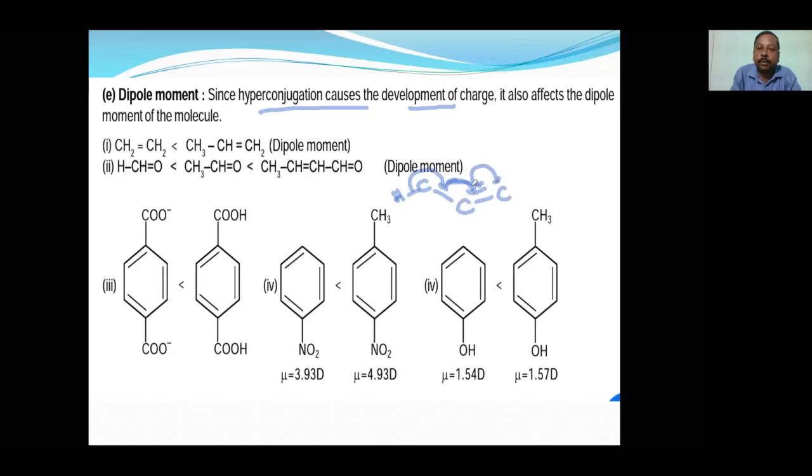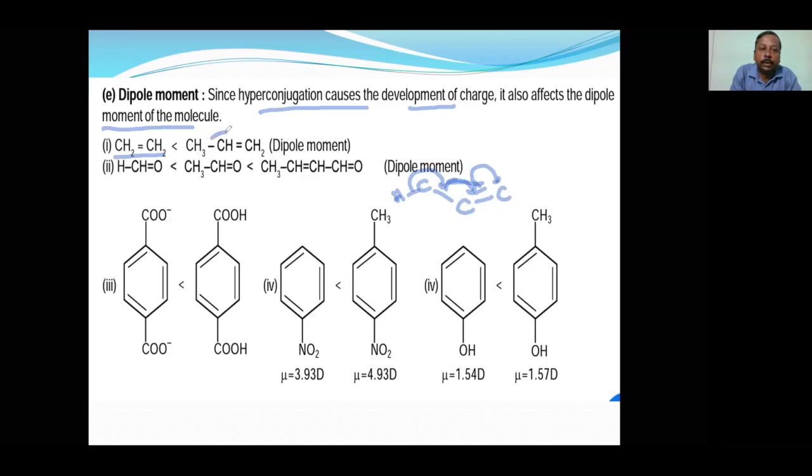Charges will be generated, and wherever charge is generated, it is going to affect the dipole moment. There is no dipole moment in ethene. Why is it not available? Because of the lack of the alpha carbon itself.